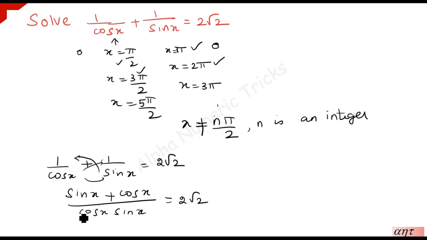Now we take this term to the other side. So we have sine x plus cosine x is equal to 2 root 2 into sine x cosine x.